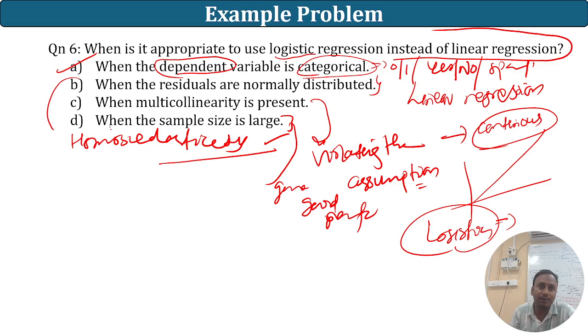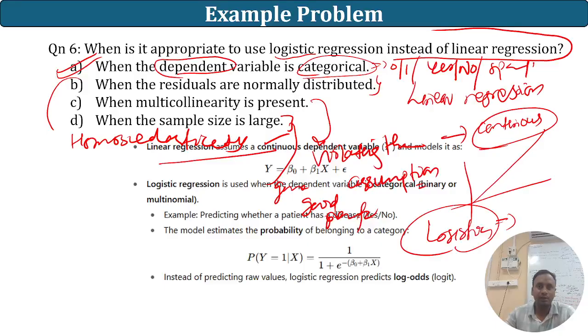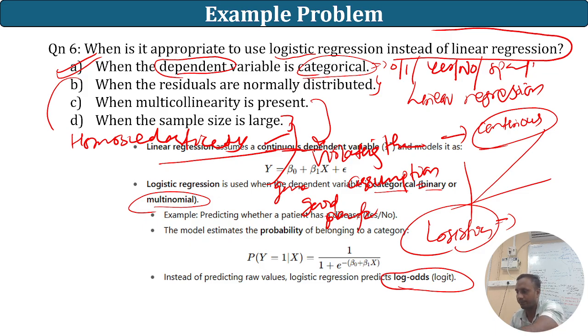So our answer will be A. In linear regression we go with a continuous dependent variable. Logistic is something categorical, binary or multinomial, and it uses a logistic function. A large sample helps both logistic and linear regression, but it's not the reason to shift to logistic.